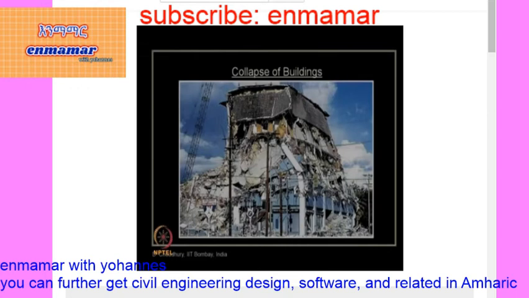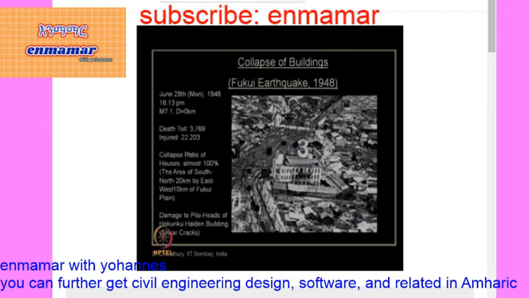This is a picture which shows the complete collapse of a building during an earthquake. Some more pictures of collapse of buildings you can see over here. This is the picture after the Fukui earthquake in 1948. This Fukui earthquake occurred on Monday, June 28th, 1948 at 16:13 local time in Japan, and the local magnitude was 7.1 and the distance from the epicenter was 0 kilometers.